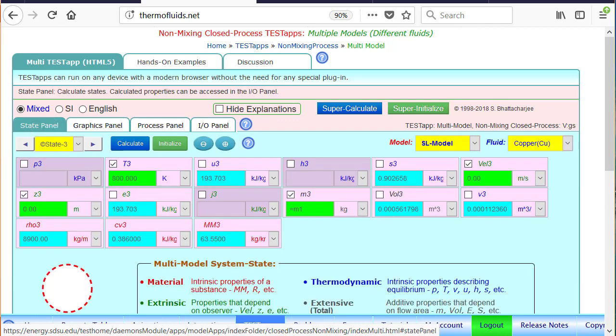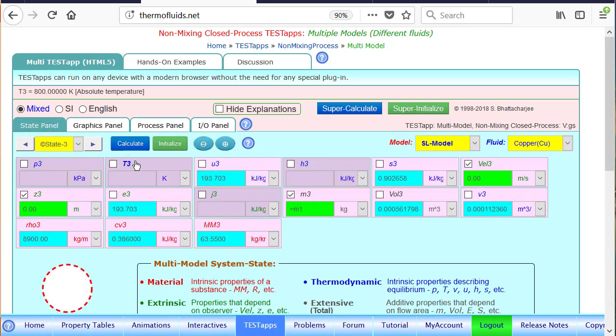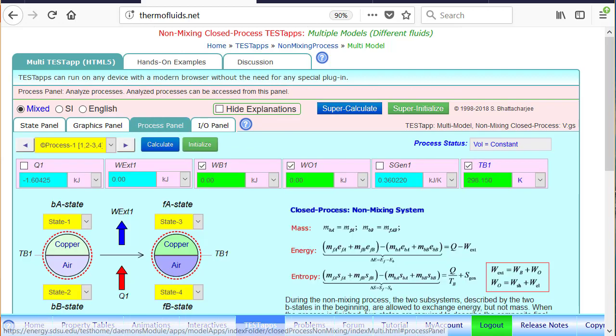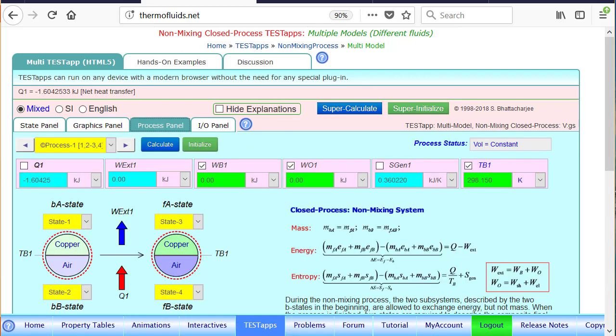And likewise, you can iterate like this, and you can soon find that if the answer is close to 780, then Q becomes almost 0. So in other words, this is our final solution. You can refine it even further if you want, but this is good enough.